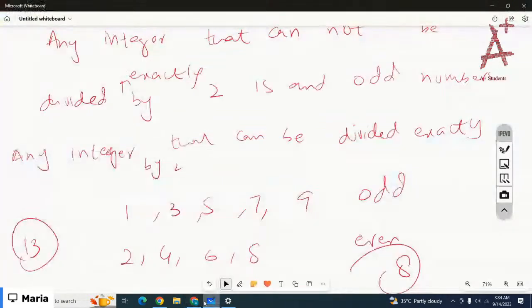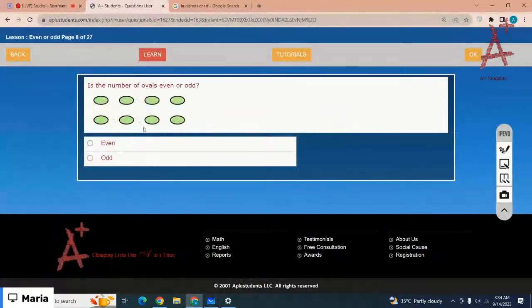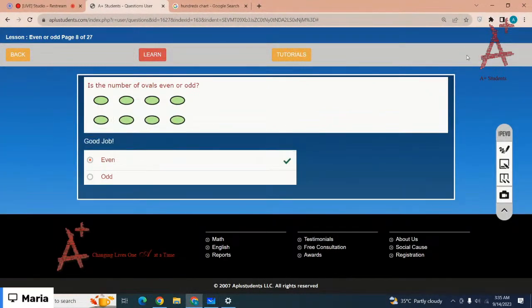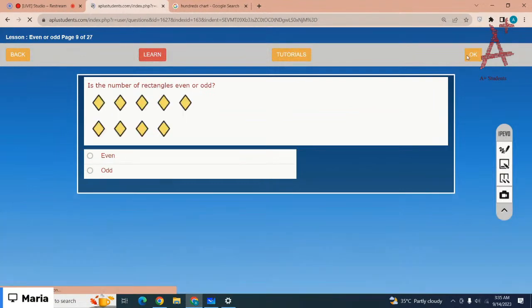That would be an even number, right? If you make the pairs, you don't have any ovals left, so that would be even numbers because they make groups of the ovals.